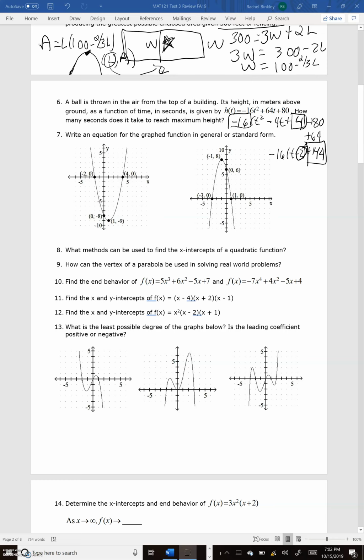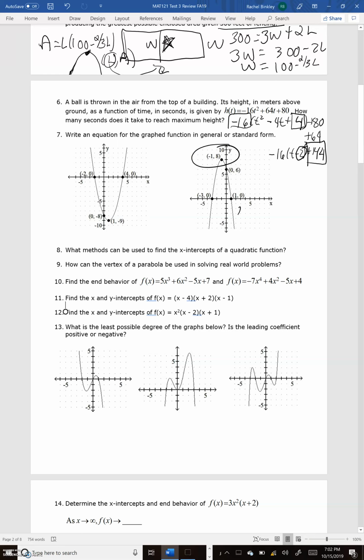All right, write an equation for the graphed function in general or standard form. So it doesn't really matter which. I'm only going to do this one time. So let's do vertex form. For some reason, that's the easiest for me when I'm writing an equation. My vertex is here, -1, 8.